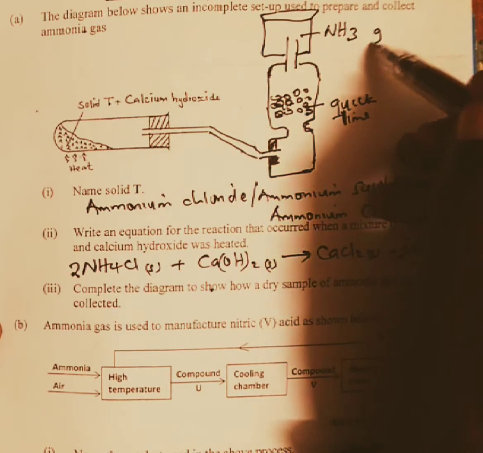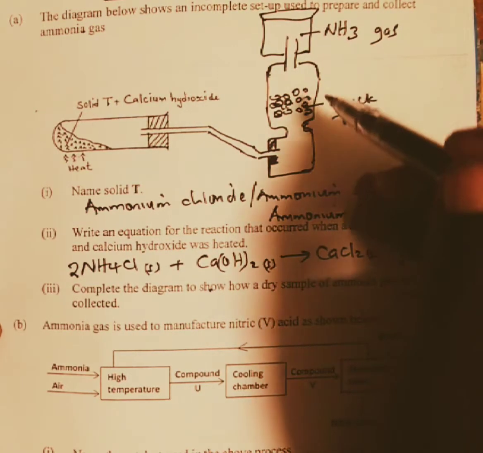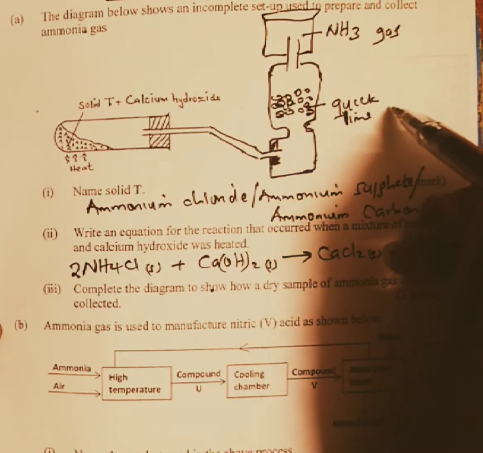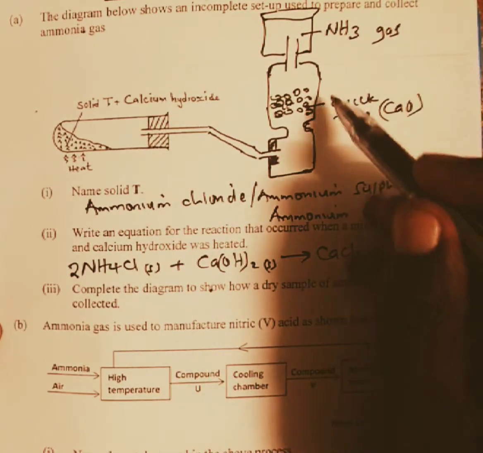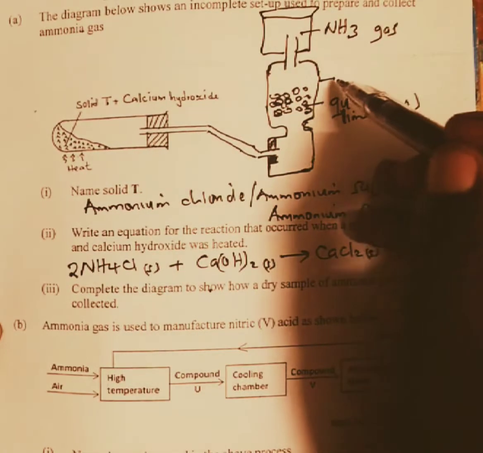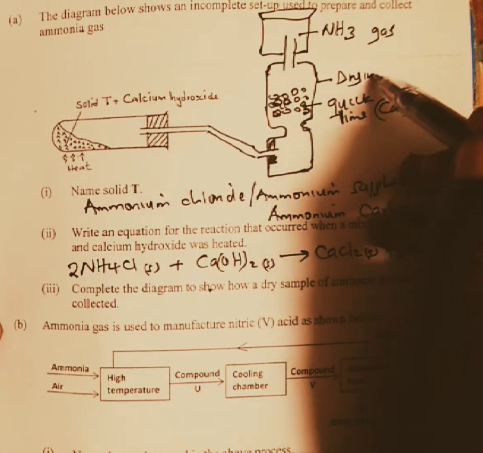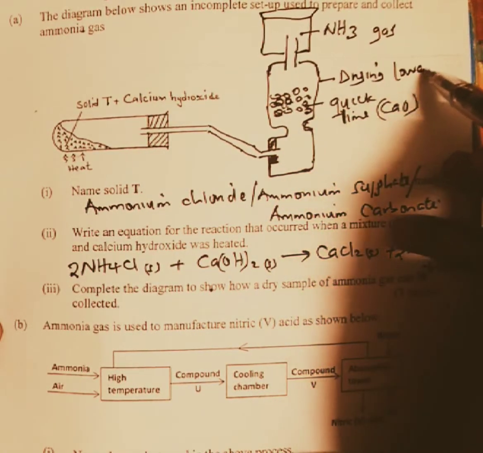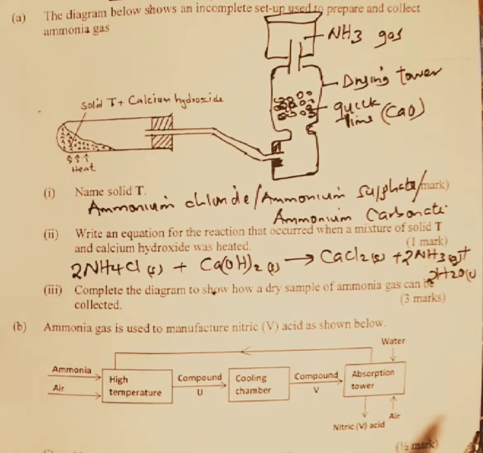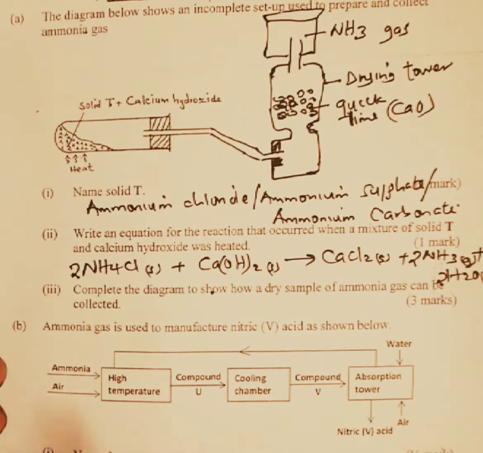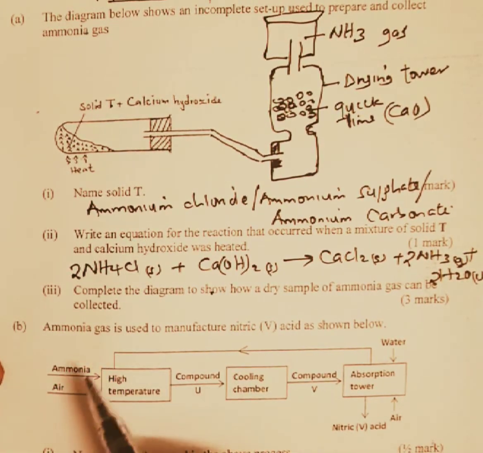Then this is quicklime or calcium oxide. Then we can call this the drying tower. By so doing, we'd have completed that diagram very well.